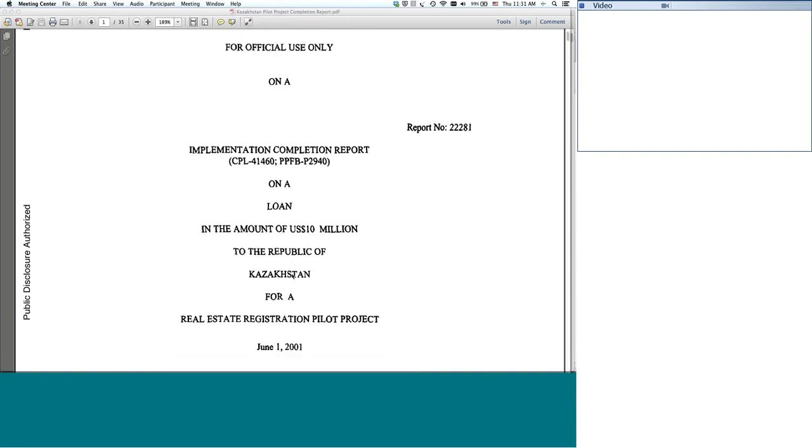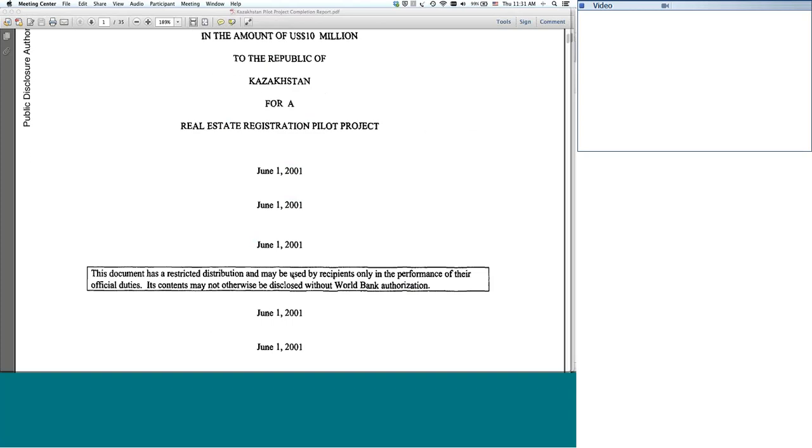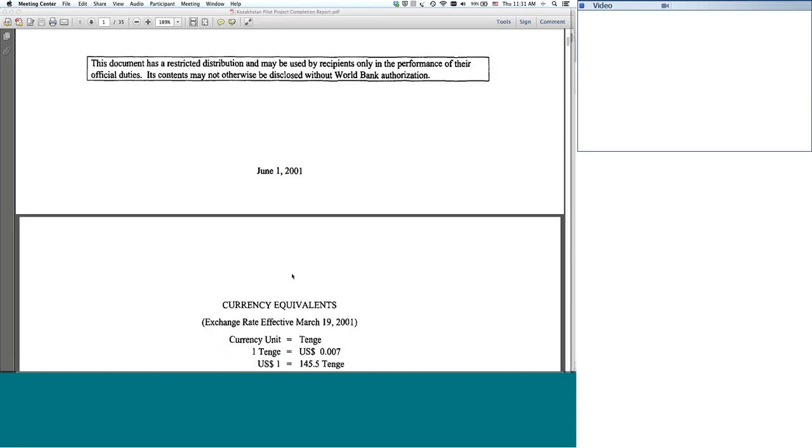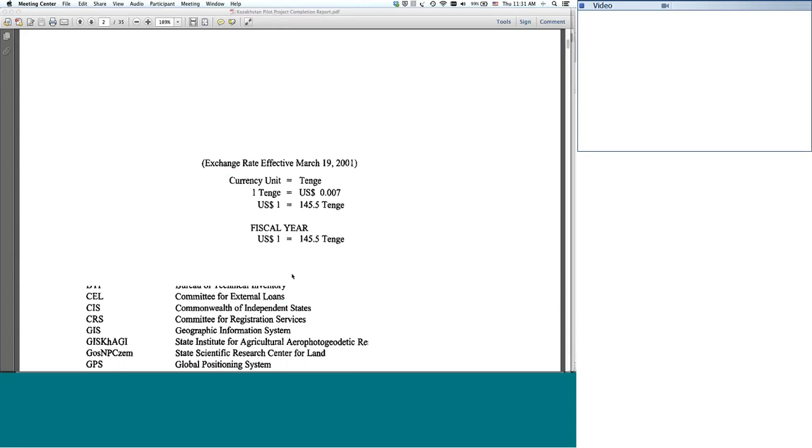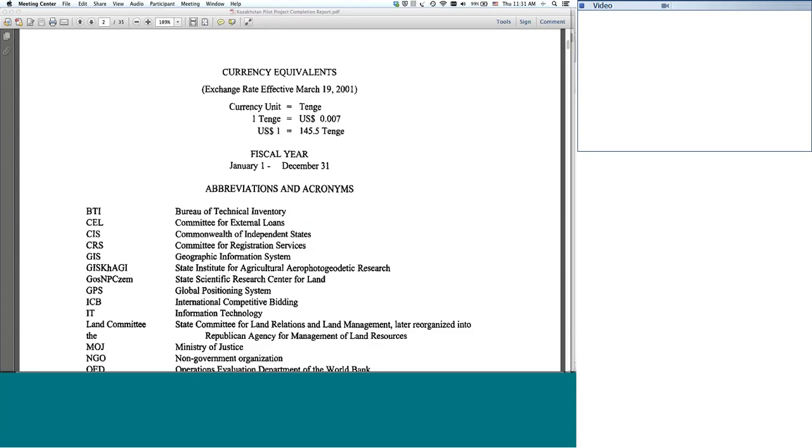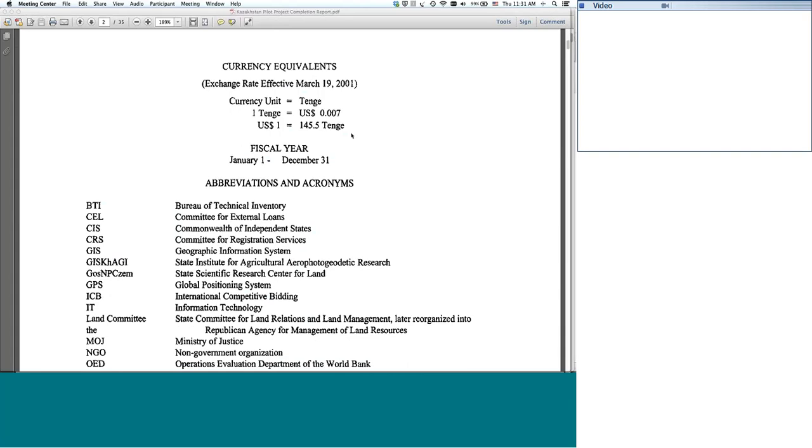These are all the agencies that were involved, and their acronyms. The contents. We'll try to look at the executive summary.